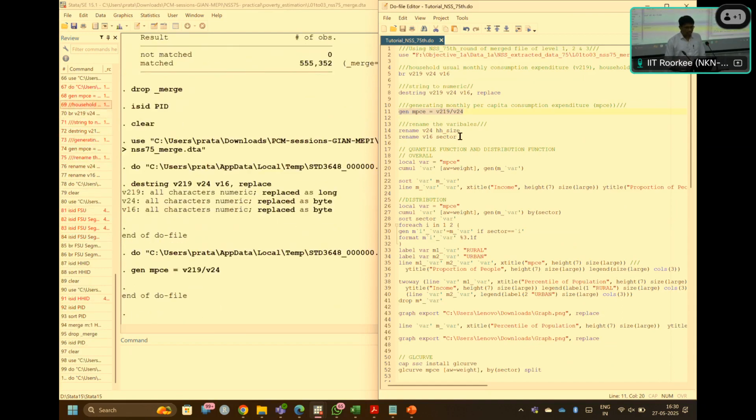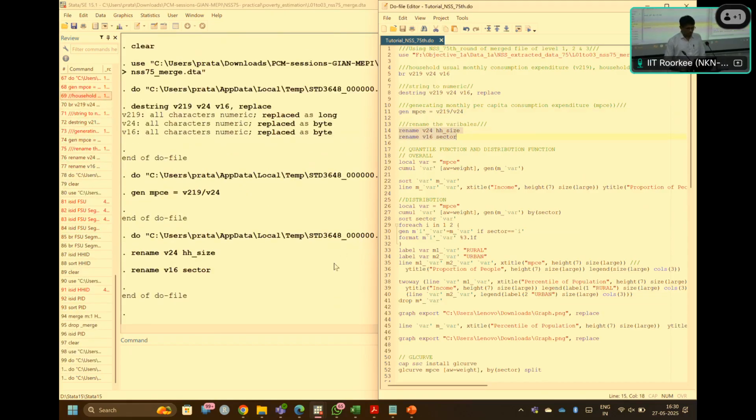We just created this. Then, for better understanding, we are renaming this. I think these have been renamed. Now, starting with the first requirement, so far as our earlier lectures are concerned, is quantile functions and how the MPC is presented through the quantile distribution function.